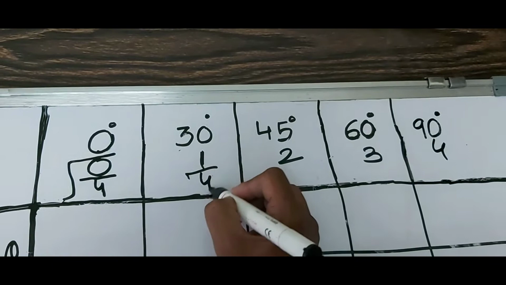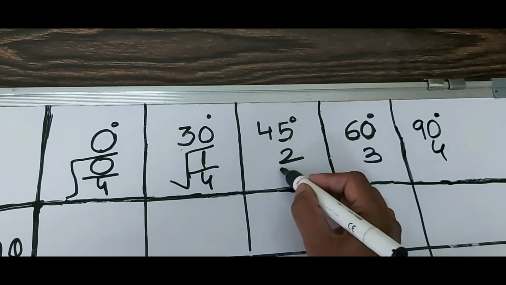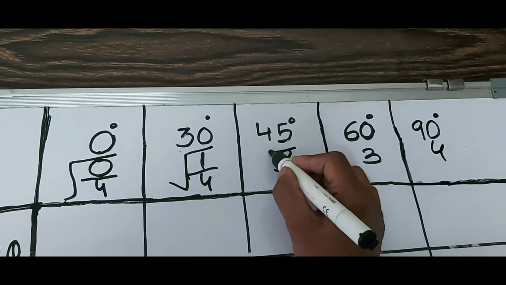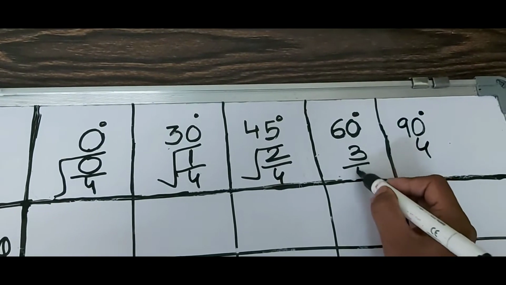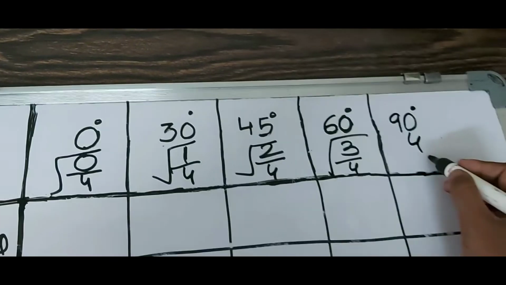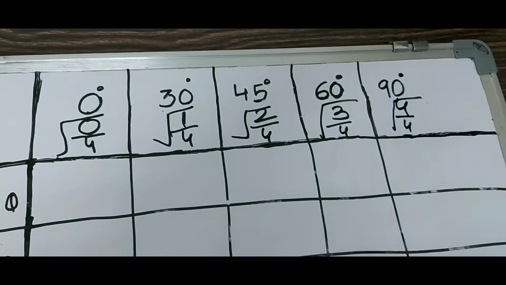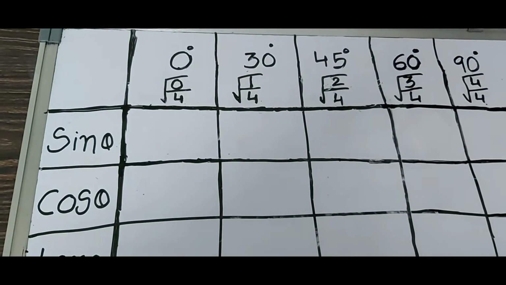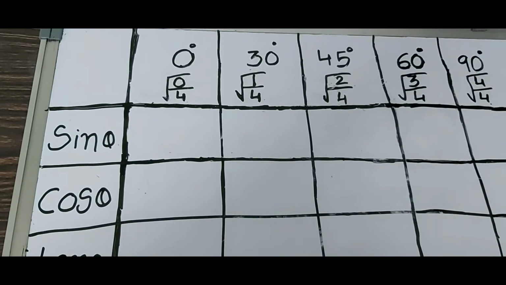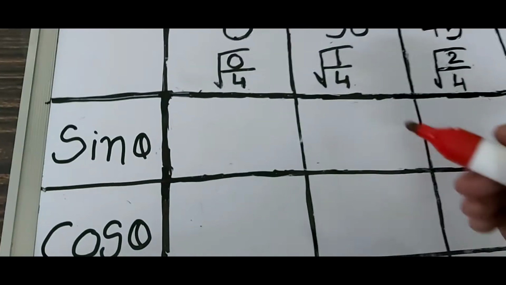Simply divide each number by 4 and apply root. Here 3 by 4 root, 4 by 4 under root. Now you are ready with sine values. Let me show how.